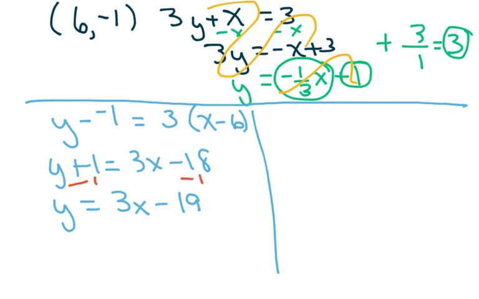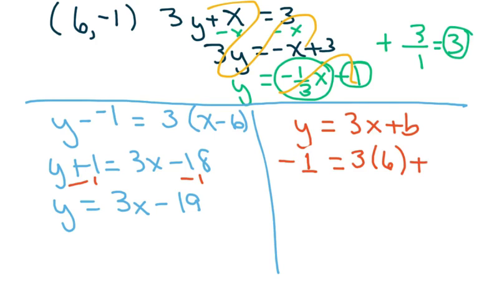Now, let's do the other way. y equals 3x plus b, negative 1, looks like a 7. So negative 1 equals 3 times 6 plus b. Negative 1 equals 18 plus b.